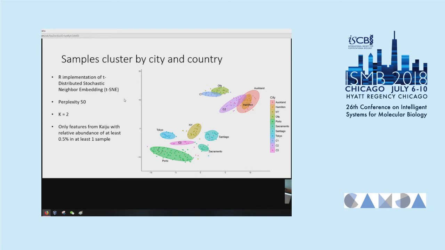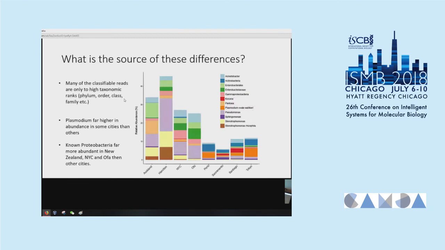So I guess the obvious question from this is, microbially, what's driving this? That's sometimes a bit tricky to answer when you have such high dimensional data. So what I did was take the most abundant taxonomic ranks that were detected, and I just plotted out the top 12 of them. Even at just those 12 ranks, we can see fairly significant differences between the cities.